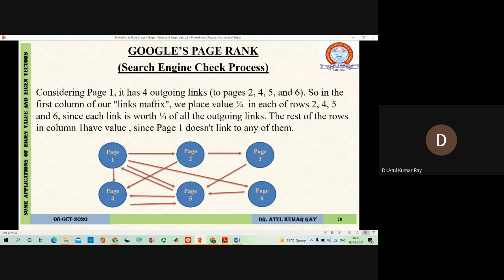Suppose there is a page 1, going towards 4 pages. Simply, it means that page 1 likes page 2, page 6, page 4, and page 5. These 4 pages are liked by page 1.